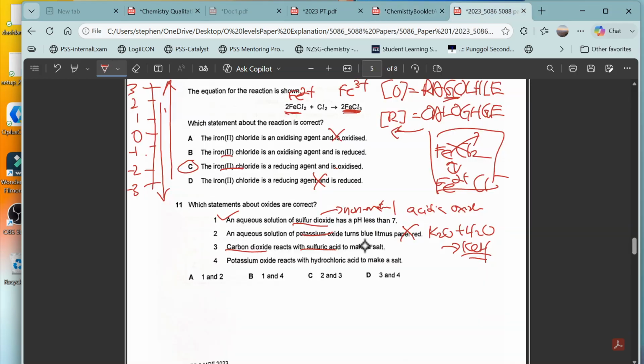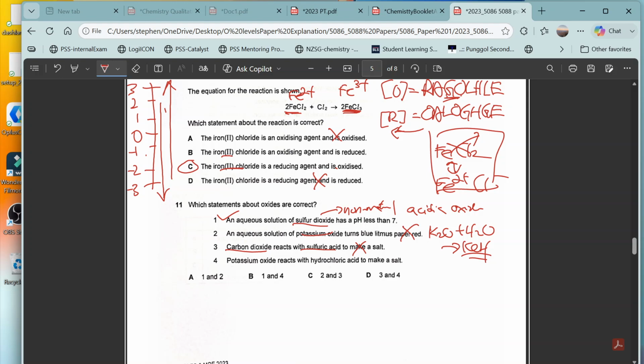Acidic oxide will not react with acid to give a salt. Always remember what I mentioned in class, opposites attract. So an acid must react with a base, which is the opposite of an acid in nature and characteristics. Therefore, acid and base will give you salt and water. Acidic oxide and acid will not give you any salt or water.